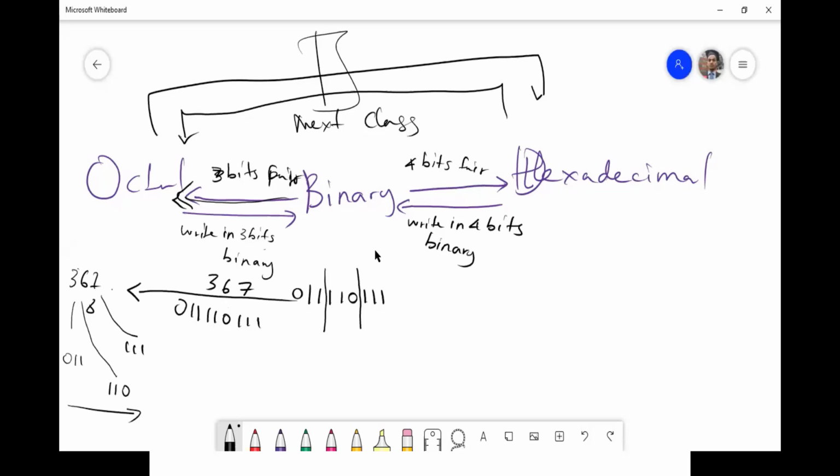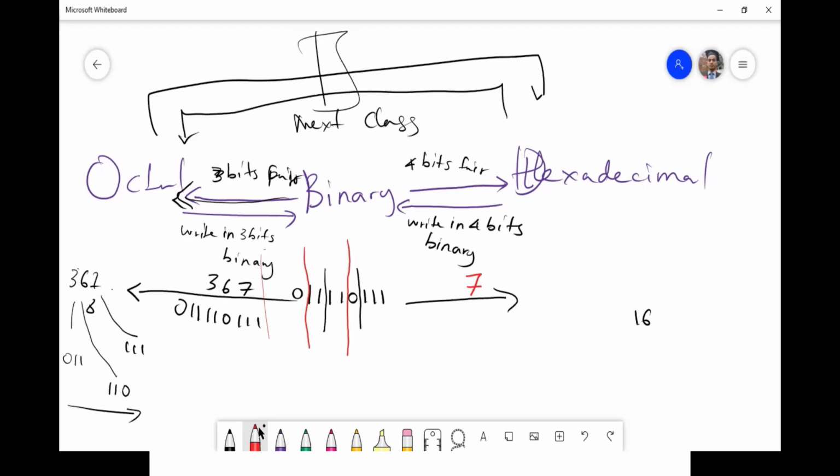The same way, if you want to convert the same number into hexadecimal, base 16, you have to divide it into groups of 4. Here's a leading 0, so we don't need to consider it. If you convert this, you get 7 here, because 1 plus 2 plus 4 is 7.